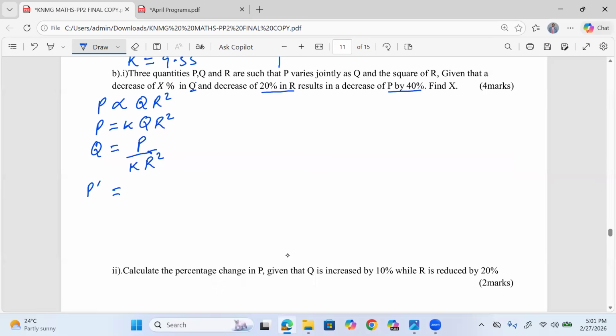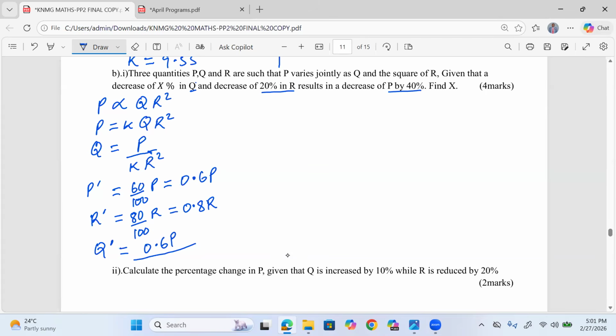P is decreasing by 40, so it becomes 60% of the original P, which is 0.6 original P. The new R is decreasing by 20, so R becomes 80% of original R, making it 0.8 original R. So the new Q equals 0.6 of original P out of K multiplied by the new R squared, so 0.8 and we square it like that.